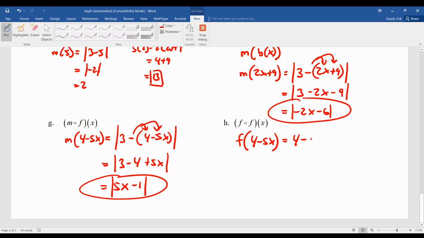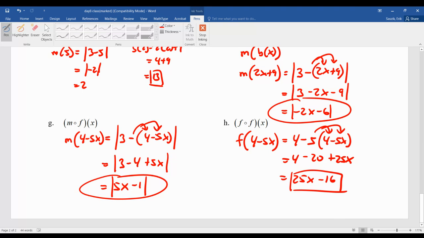So f function is 4 minus 5, but now I'm going to replace the x with 4 minus 5x. Bring the 4 down, but you got to distribute the negative 5, so you get negative 20 plus 25x. Again, I like to write the x term first. It's a good habit for something we're going to do later.